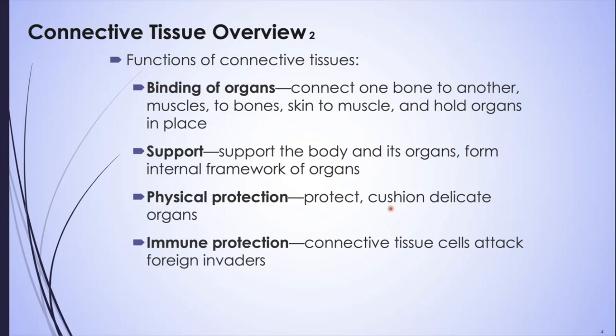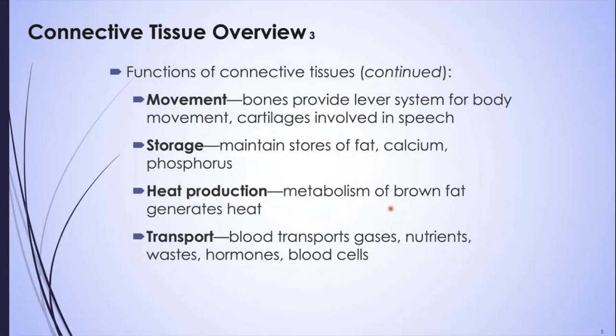Immune protection. So your connective tissue, those cells are going to attack foreign invaders. As far as movement, your bones are going to provide a lever system for the body to move. The cartilage are going to be involved in speech. So your tissues are going to help with the actual movement of the body.